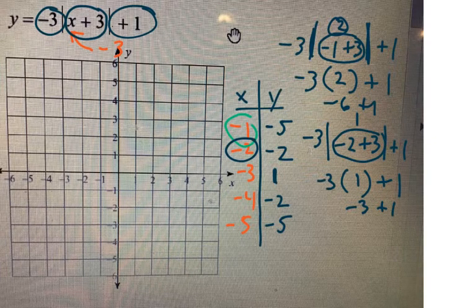Here we go. Negative 1 is negative 5. Negative 2 is negative 2. Negative 3 is positive 1. Negative 4 is negative 2. Finally, negative 5 is negative 5.